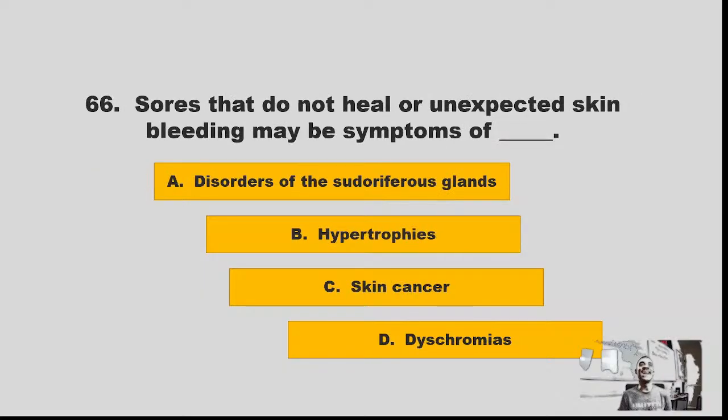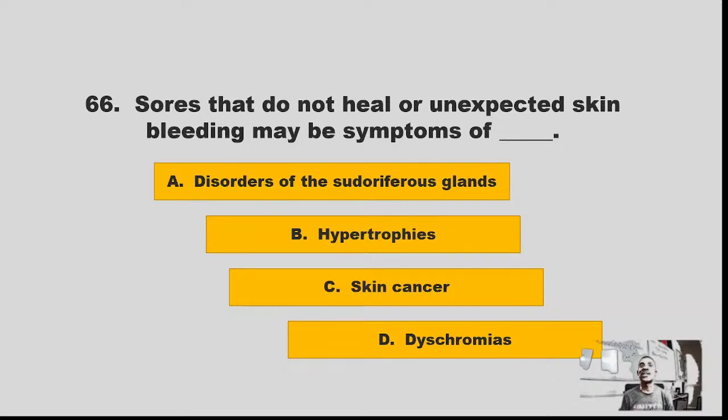Up next, sores that do not heal or unexpected skin bleeding may be symptoms of, and hey, welcome to the live, okay? Welcome to the live. Let me know what you think about it as well in the comments. The answers here are disorders of the sudoriferous glands. Is it hypertrophies? Is it skin cancer? Or is it dyschromias?